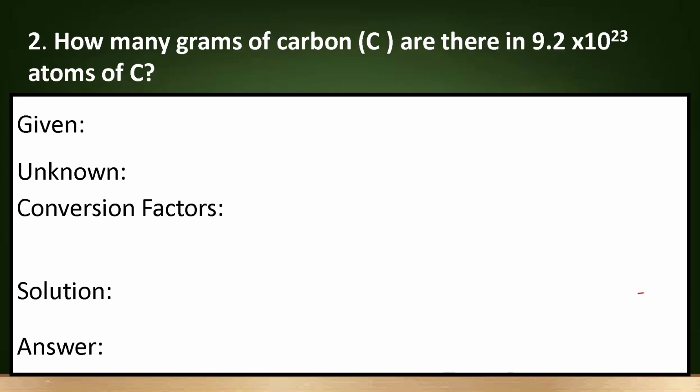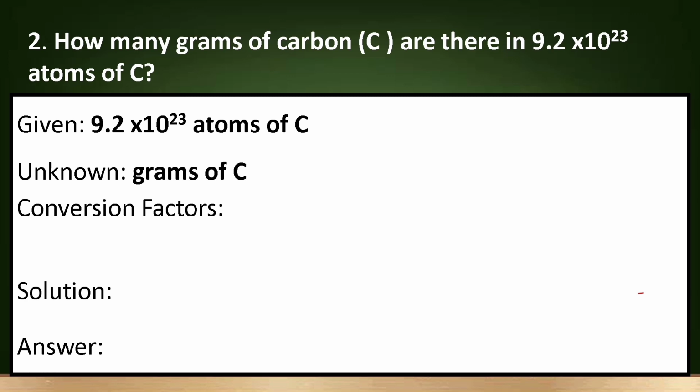Easy, right? Now, for case number 2, how many grams of carbon are there in 9.2 times 10 raised to 23 atoms of carbon? So the given in the problem is 9.2 times 10 raised to 23 atoms of carbon. And the unknown is grams of carbon.